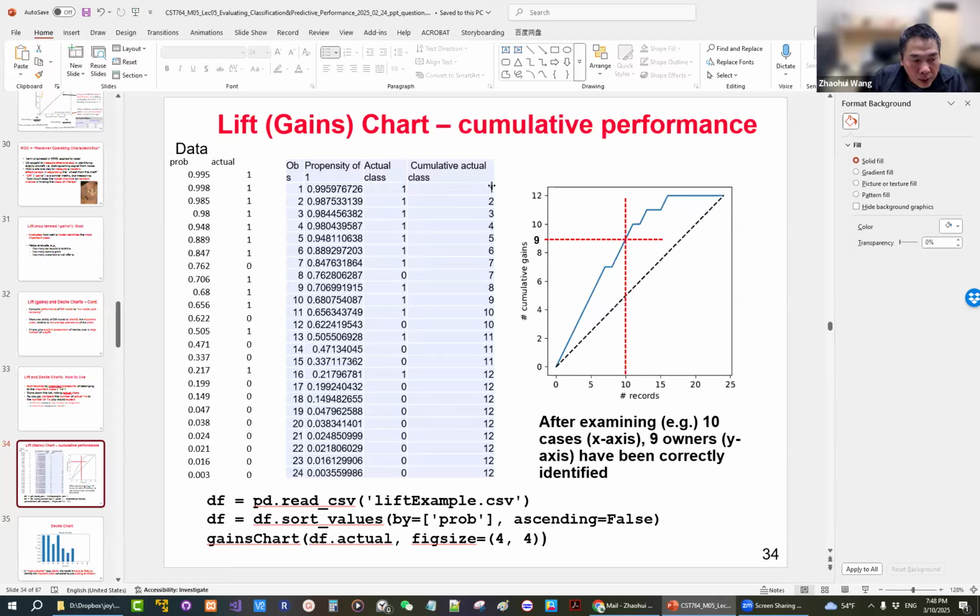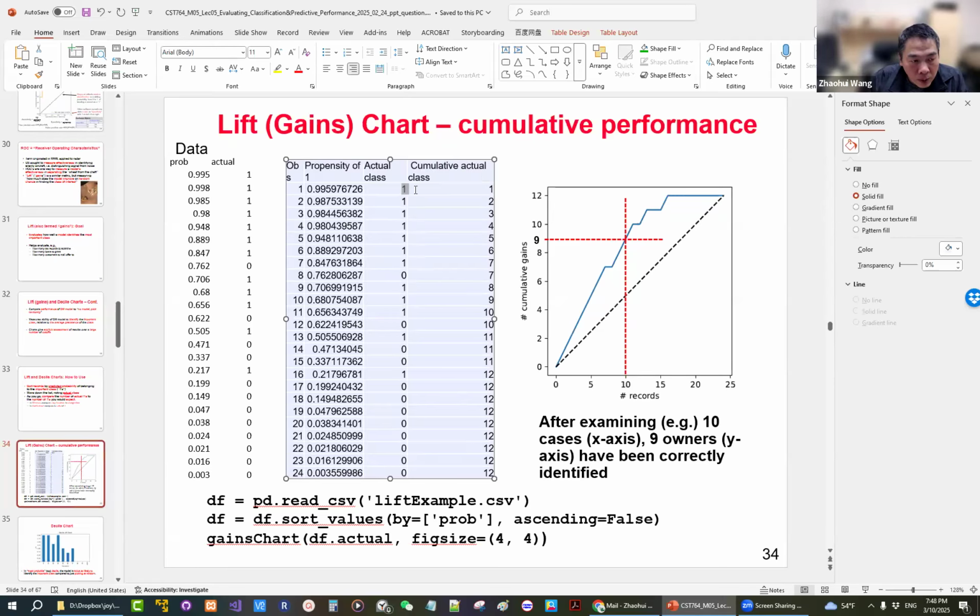Okay, then we can obtain the last column, the accumulation of the actual class 1. Here is 1, the first one, just 1, only actual 1. Then for the next case, it will be the previous accumulated value plus the current case's class number.